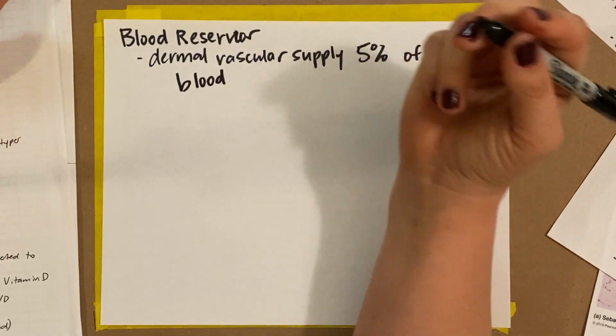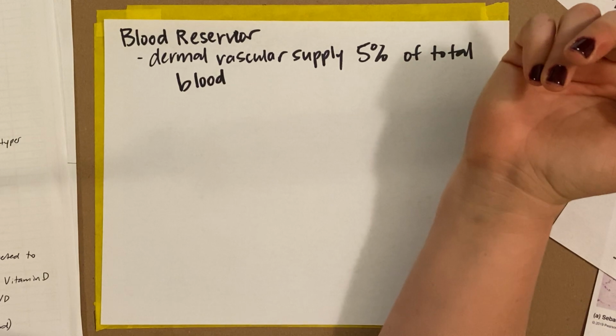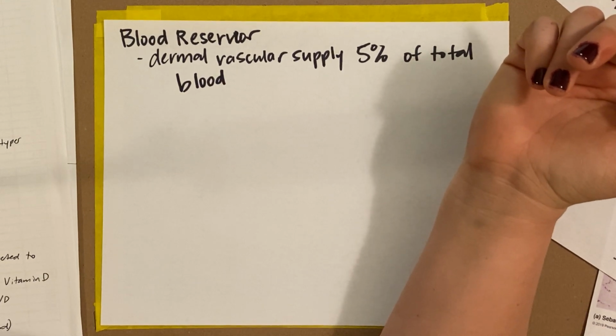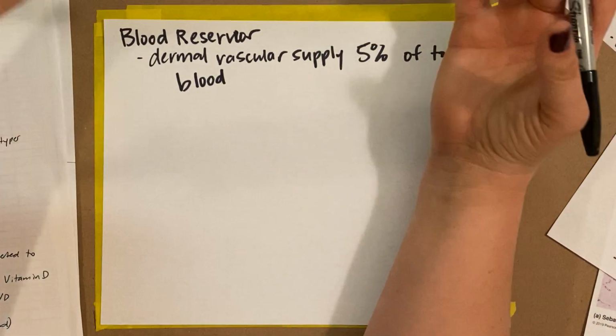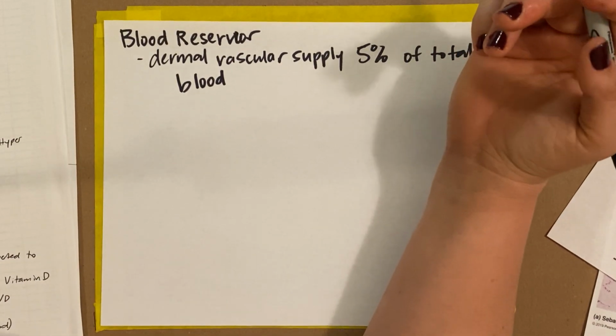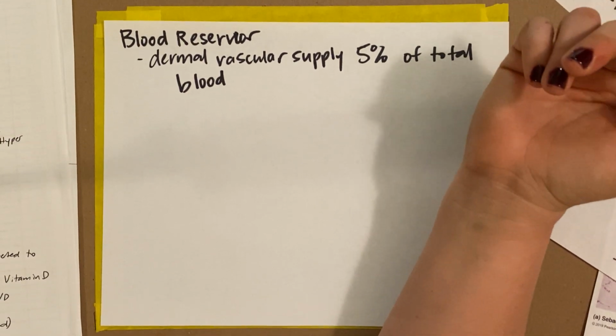Okay, which doesn't seem like a lot, but it is actually going to be really important. It's going to help during times where maybe you're doing something athletic and you need more blood in muscles. So the blood that is contained within the skin can actually go to those areas.